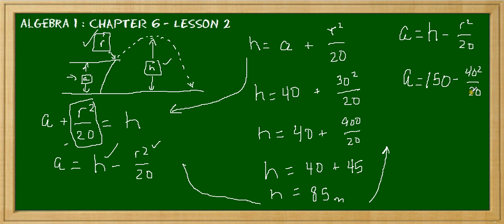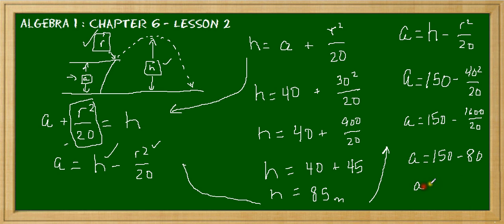So we would again have to go to our calculator and do 40 squared, and that would be 1600. So A is equal to 150 minus 1600 divided by 20. Now we divide that by 20, and it's 80, so A is equal to 150 minus 80.